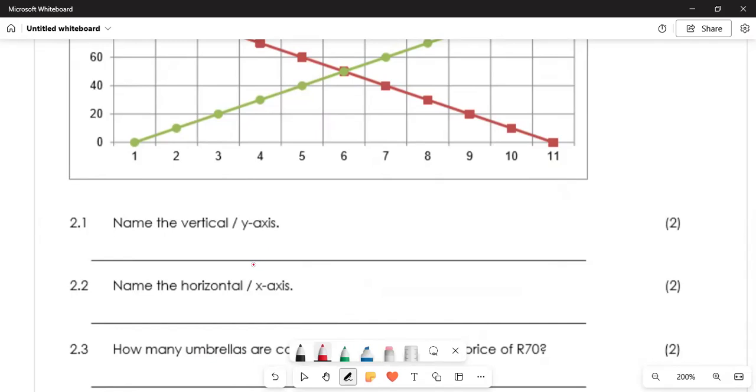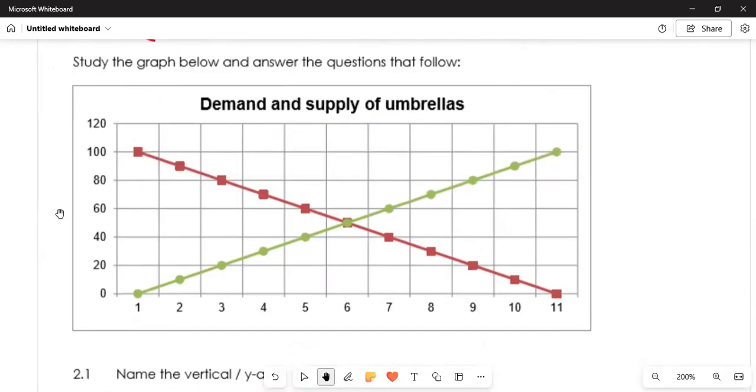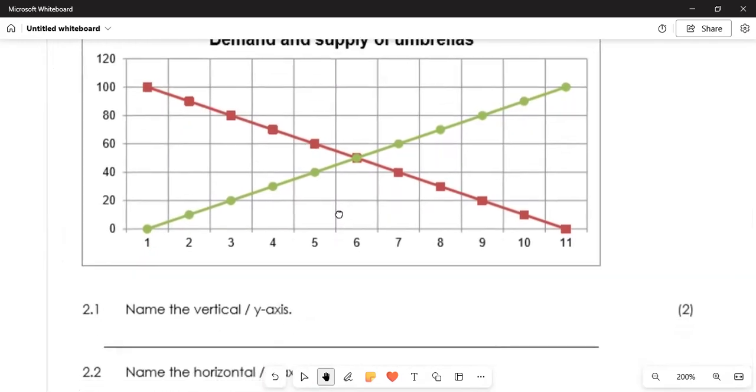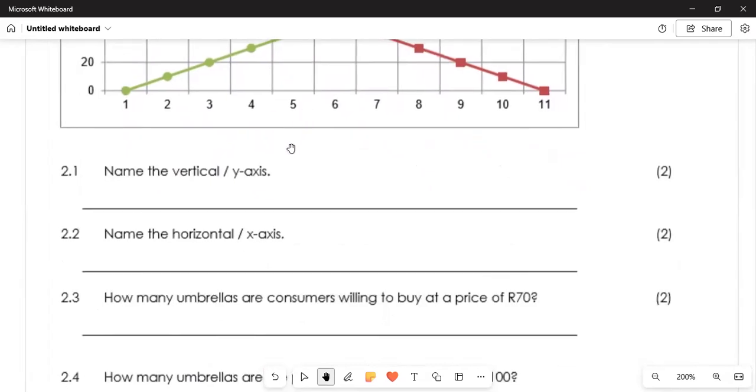So here is our y-axis, the vertical, which is this part. So the vertical or y-axis is what? It is the price in rent, or you can just say it's price.